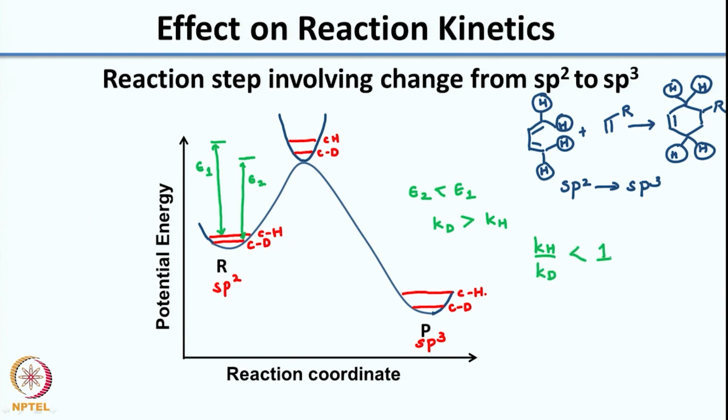So this is what is called an inverse kinetic isotope effect. Why inverse? Because usually you would expect the CH to be faster than CD, but in this case what you observe is the reverse. So it is called an inverse kinetic isotope effect. So now we have understood the basis for the secondary kinetic isotope effects involving hybridization changes.